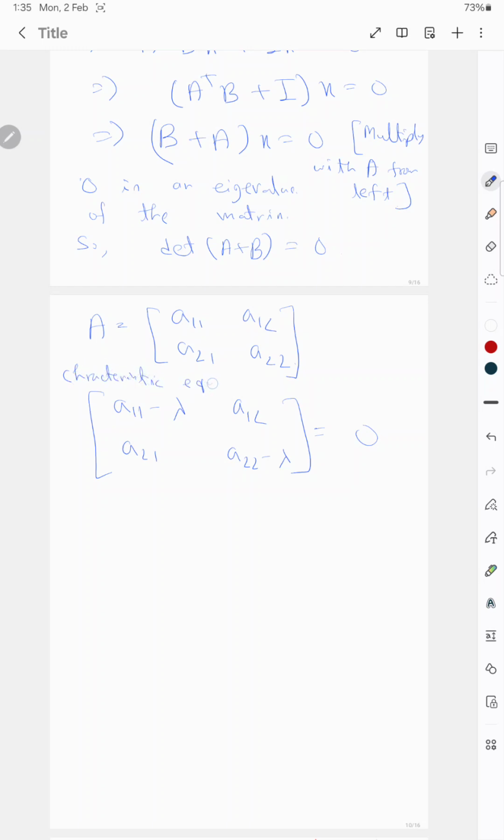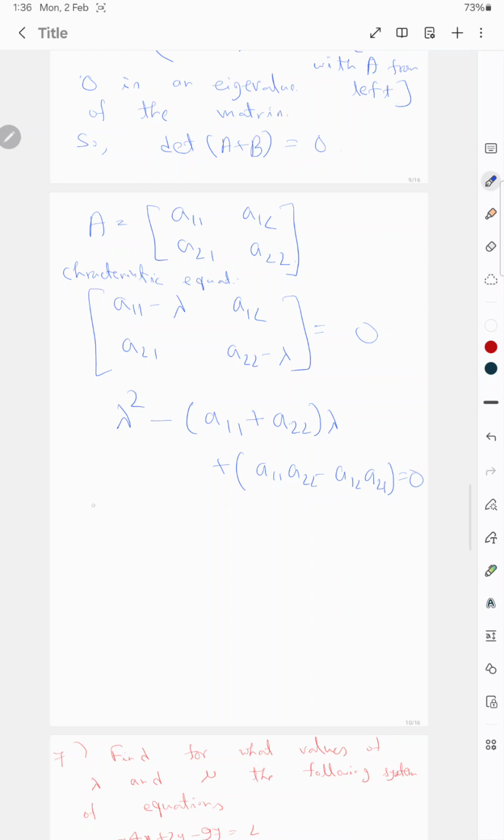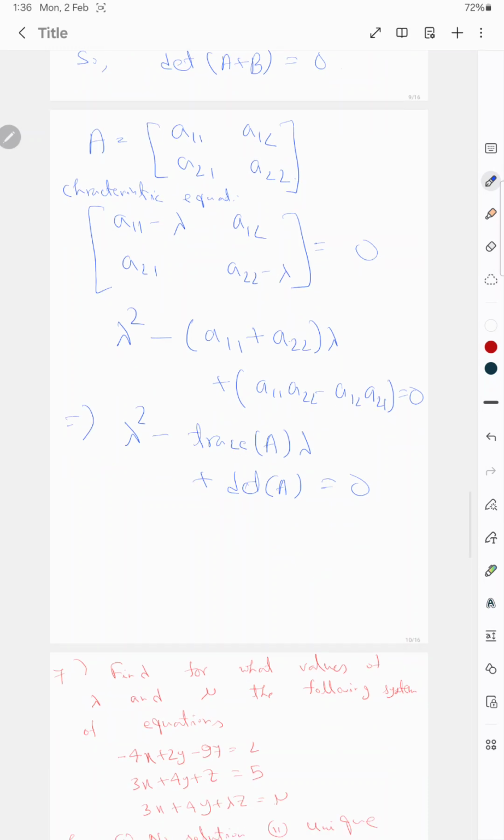If you expand this, you get lambda square minus trace of A into lambda plus determinant of A equal to 0, for a 2 cross 2 matrix.